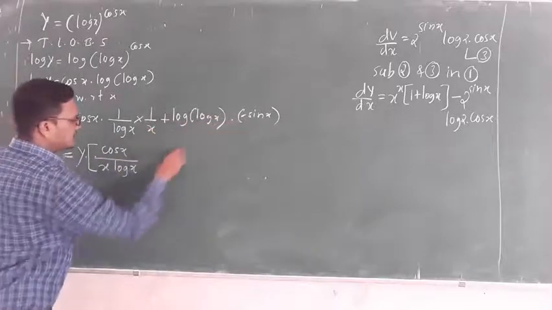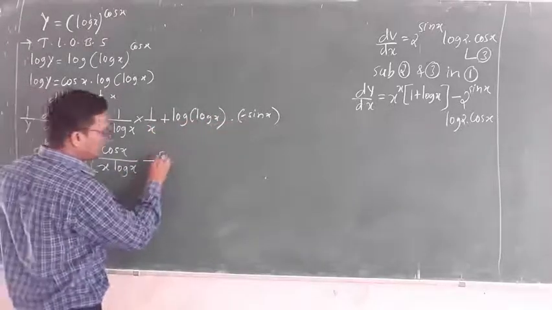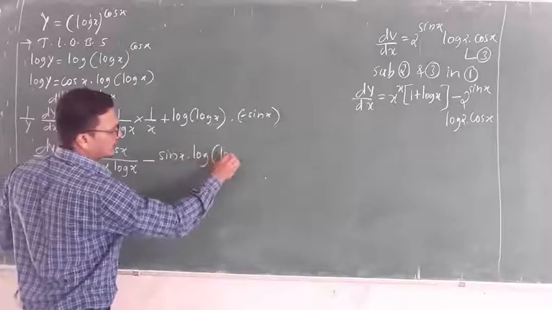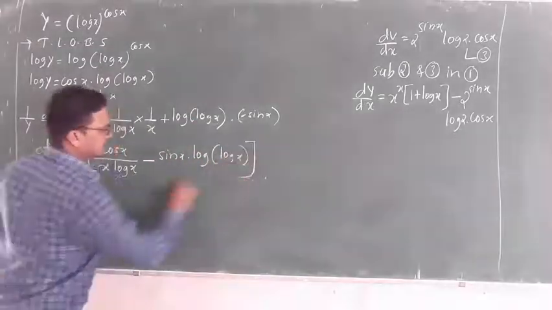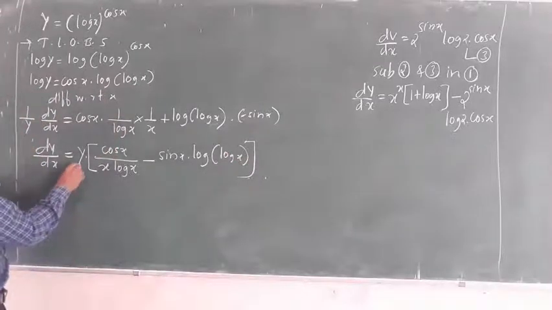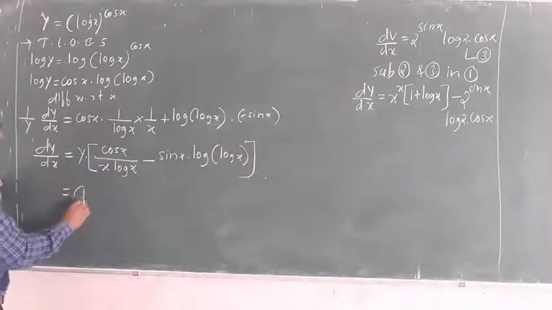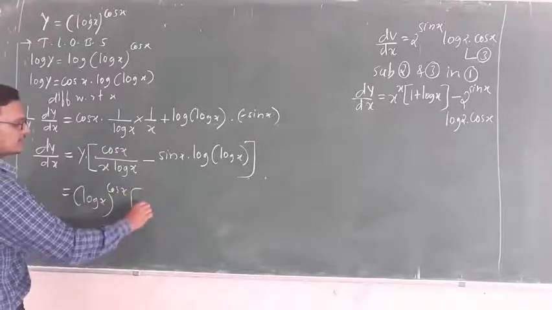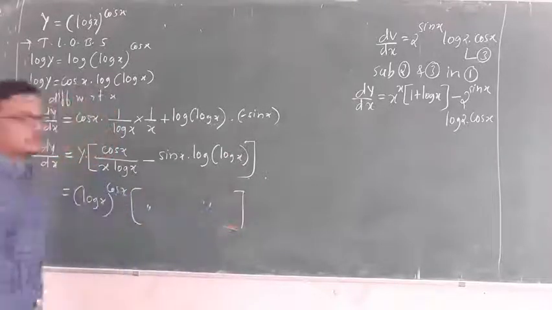here plus into minus, I'll write first sin x into log of log x. So later you substitute the y value here, that is log x to the power cos x, and this bracket term we have to keep as it is.